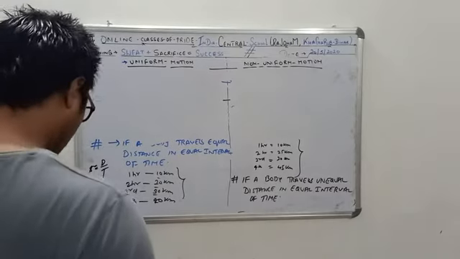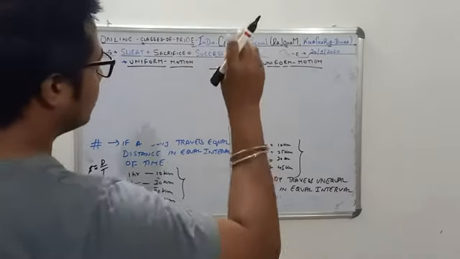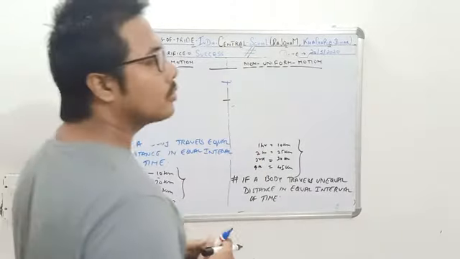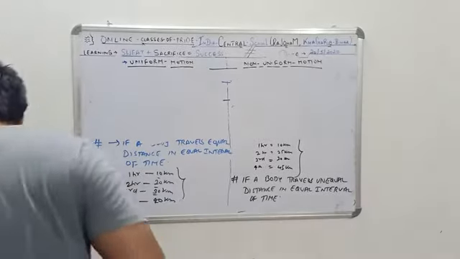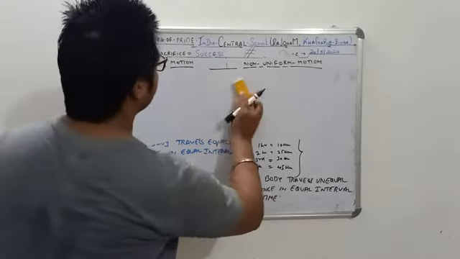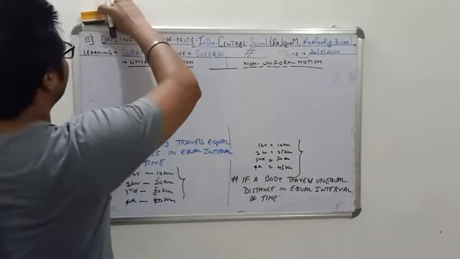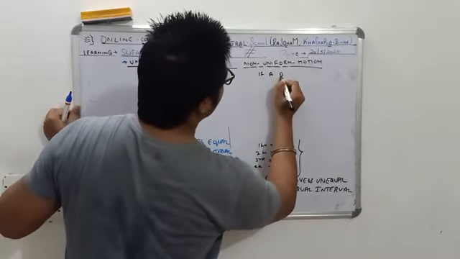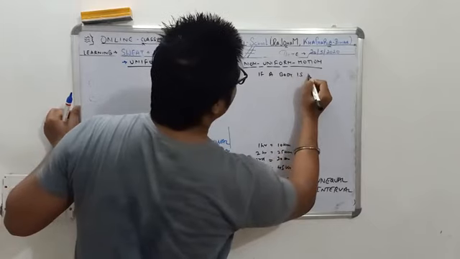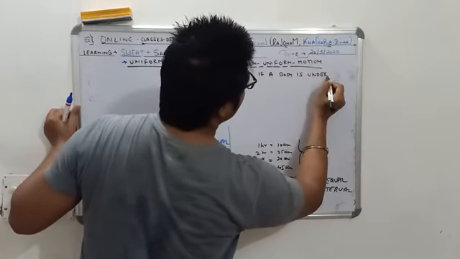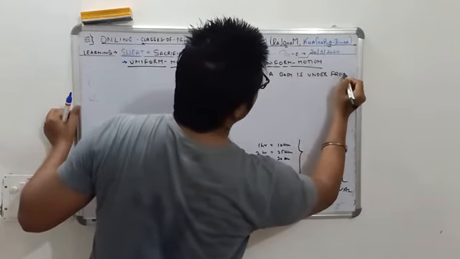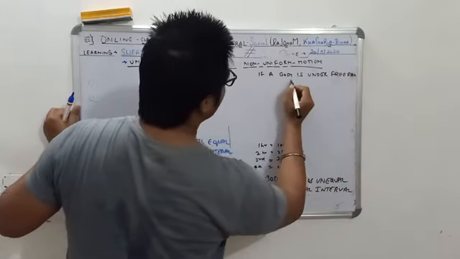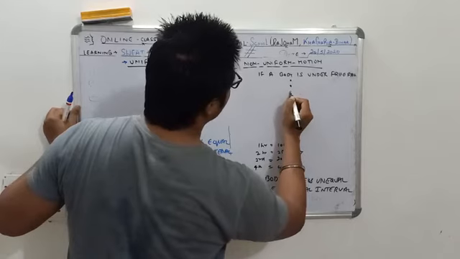So now we'll discuss what happens to a body if it is falling freely. Does the body have a uniform motion or a non-uniform motion? Suppose a body is under free fall, that is, the body is left to drop.